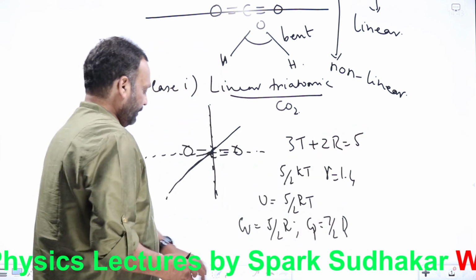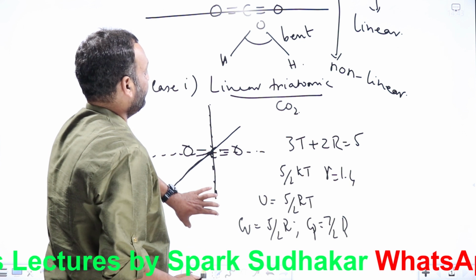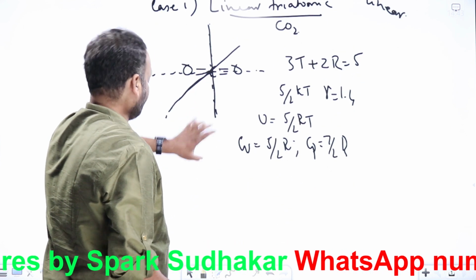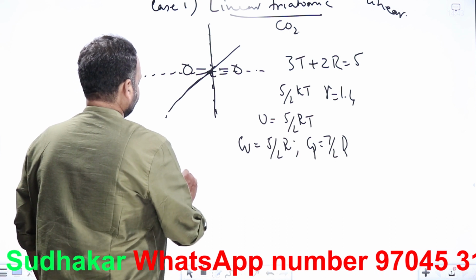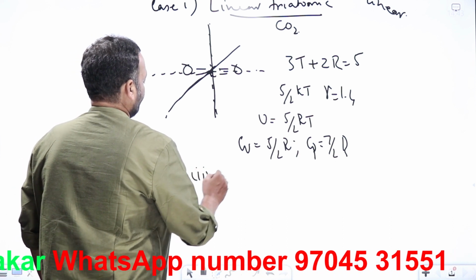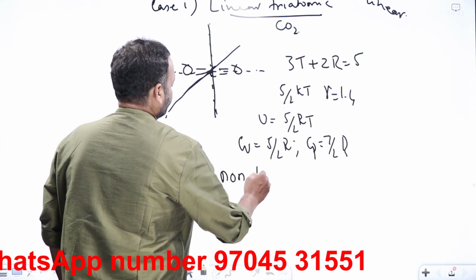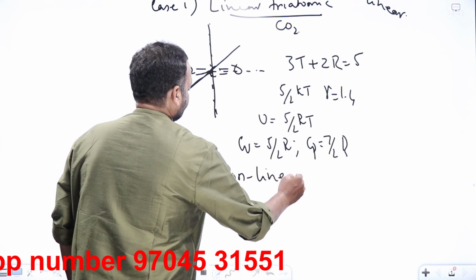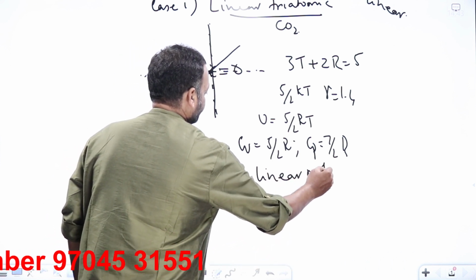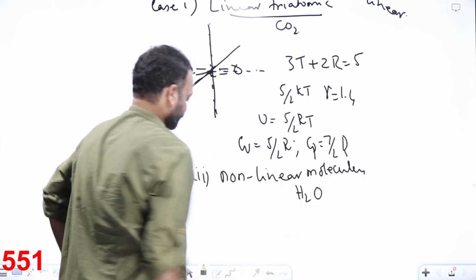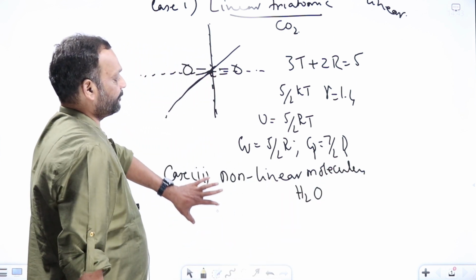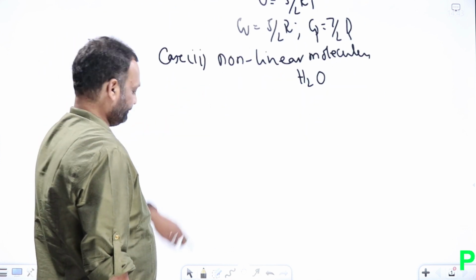Now next one. For non-linear, second case, non-linear triatomic molecules, case 2 we take. For non-linear molecules like H2O, the best example is H2O. H2O is a bent molecule.